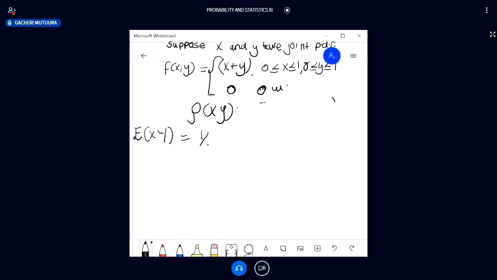We had the expected value of x as 7 over 12. The expected value of y was also 7 over 12.